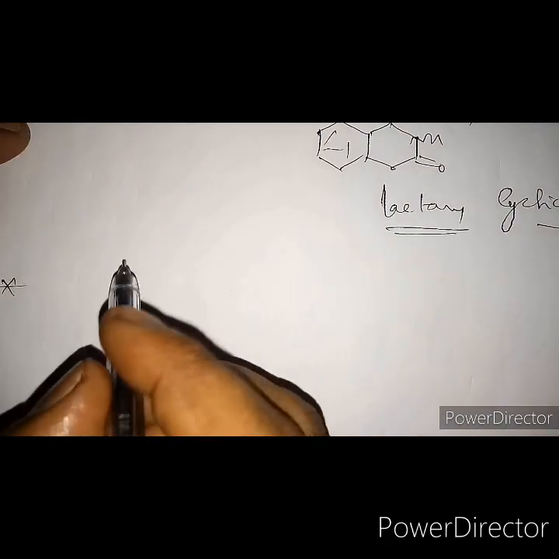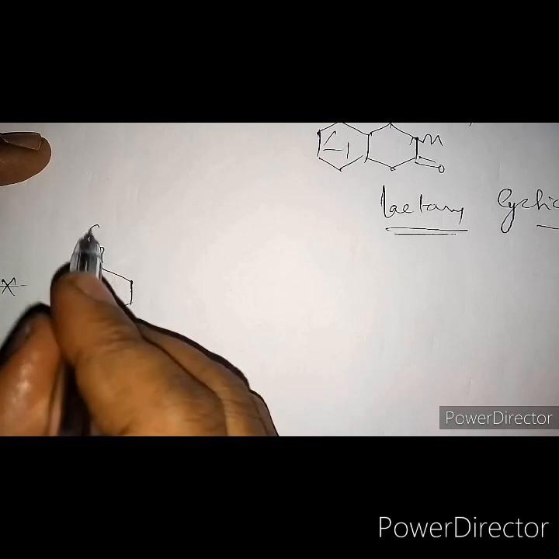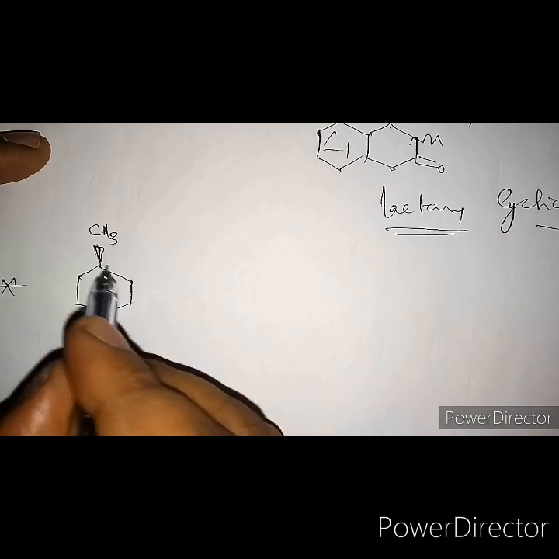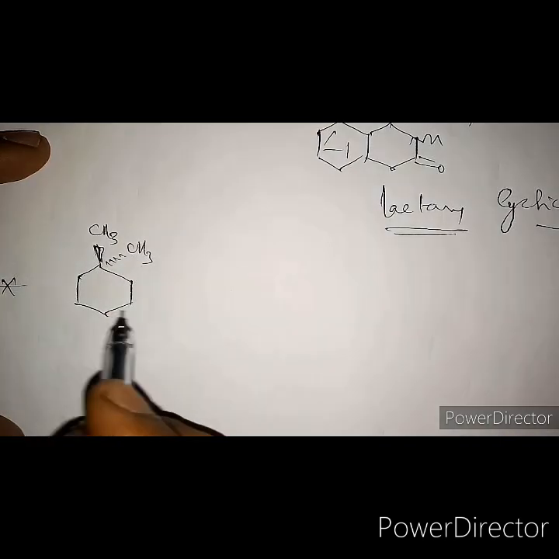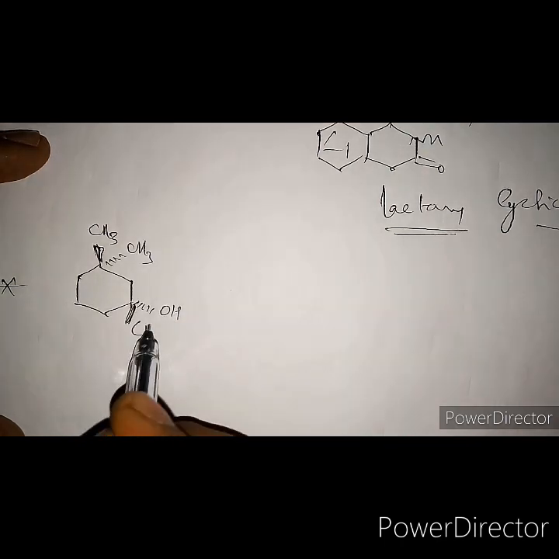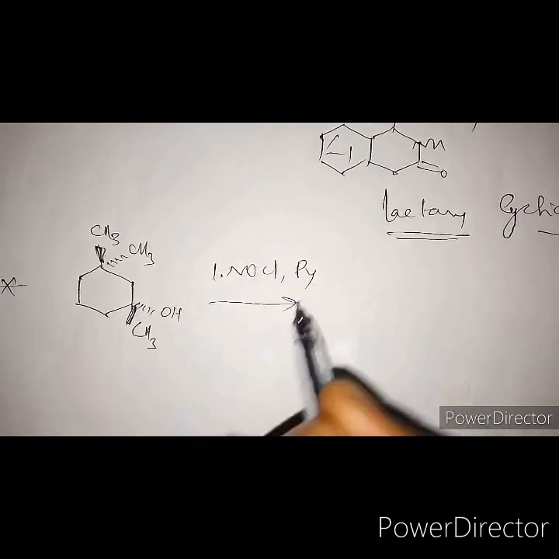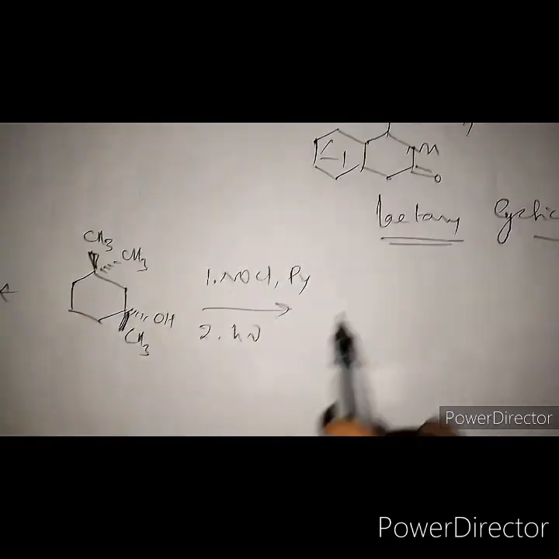Another important reaction with respect to the stereochemical aspect: here we have CH3, here we have OH, and we have CH3, with NOCl and pyridine, second hν.